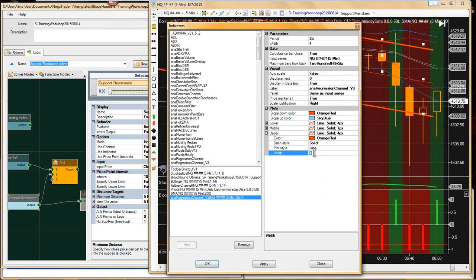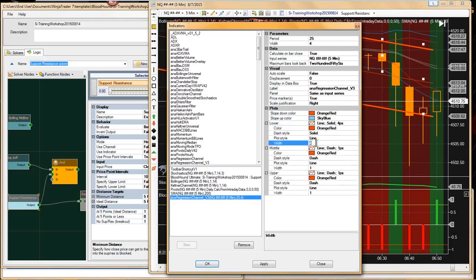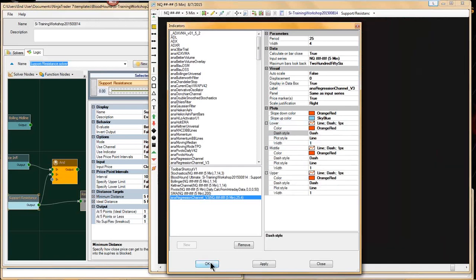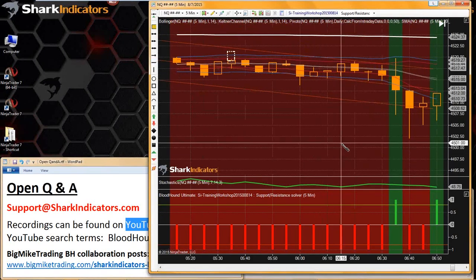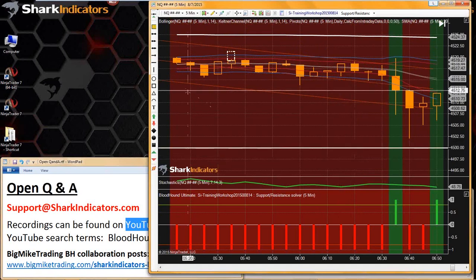Hold on a moment while I fade this regression channel into the background. Alright, so I'm going to put some lines on the chart here. There we go.